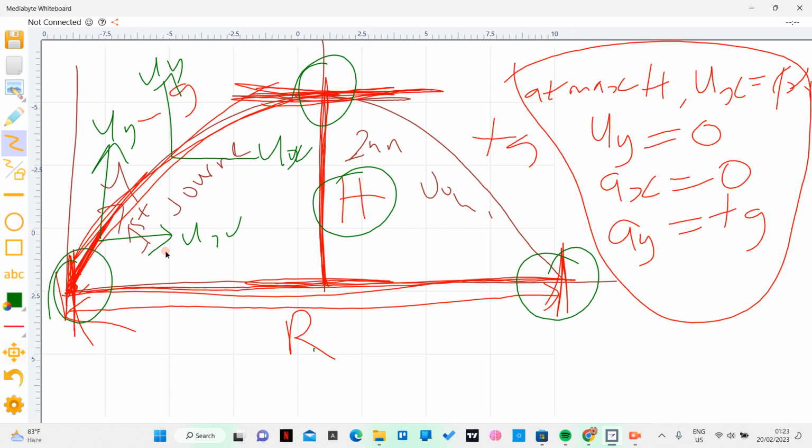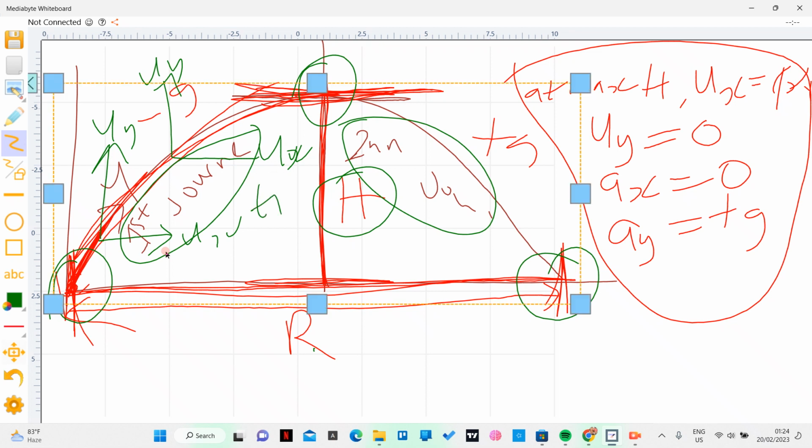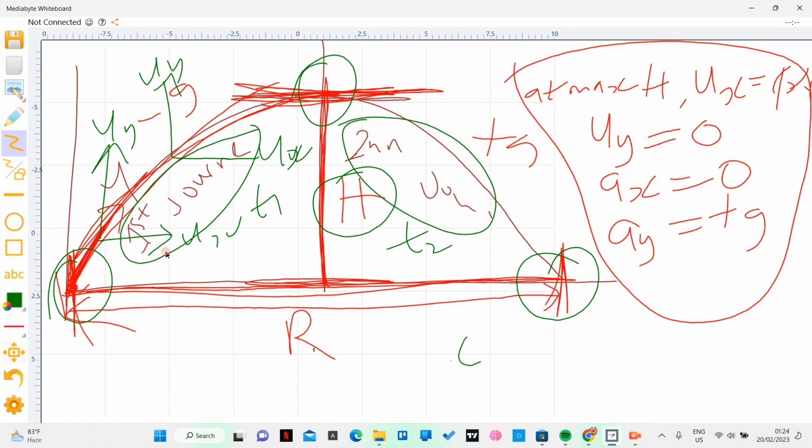Since I said we have two journeys, the first journey and the second journey, that means we have two different times: the time to complete the first journey and the time to complete the second journey. Take note that the time required to complete the first journey is always equal to the time required to complete the second journey. So if this is T1 for the first journey, then this is T2 for the second journey. So T1 is equal to T2.